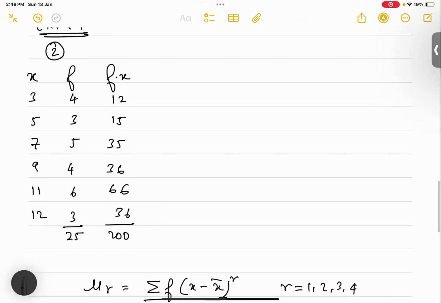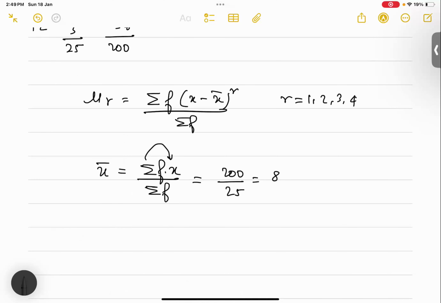Now r is equal to 1. So mu 1: I'll put the value of r as 1 over here. Summation f into (x minus x bar) upon summation f.